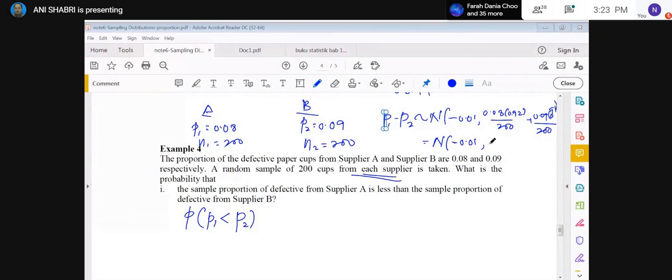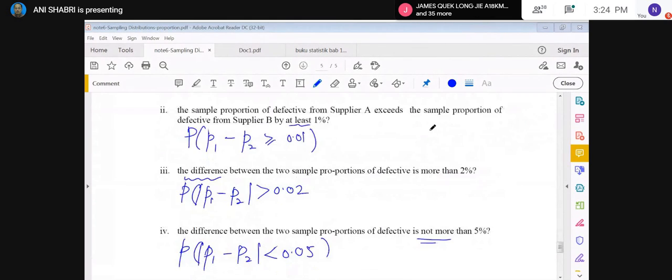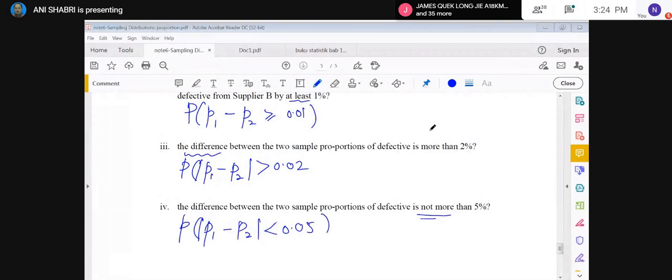Same, sama, 0.007 lah. Ya betul ni, 0.0137. Sama doktor. Sama.